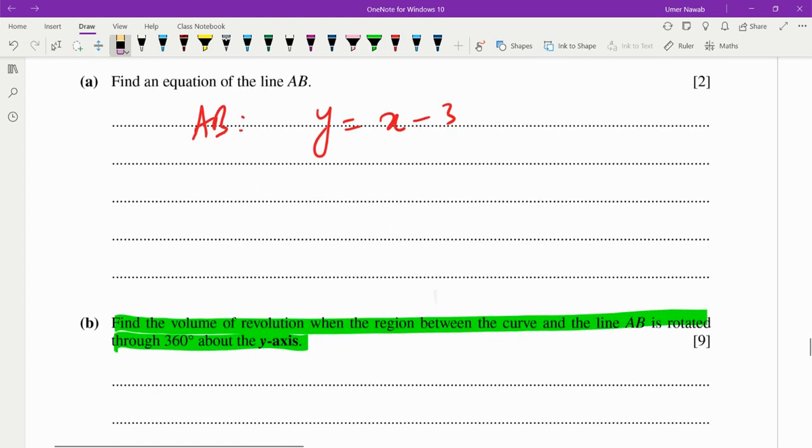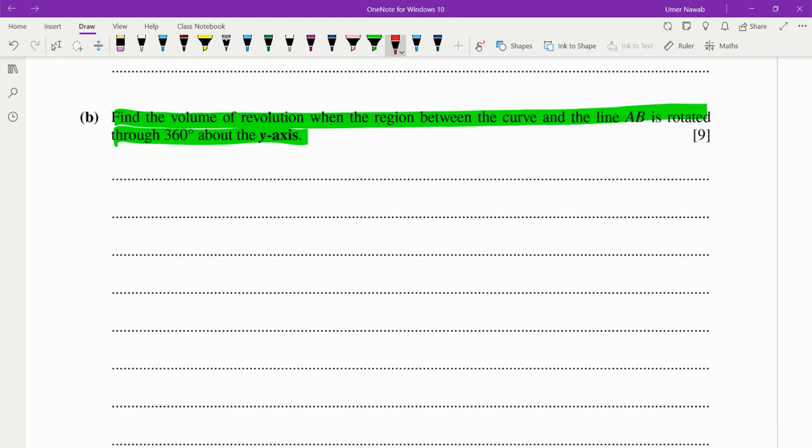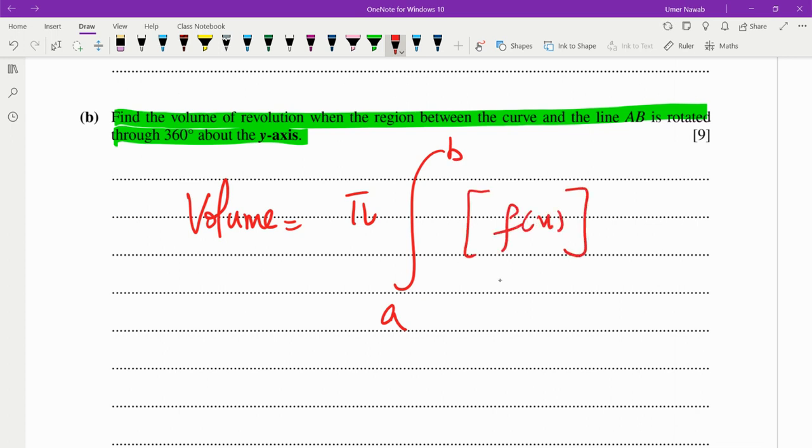And what is the formula for the volume? Guys, in calculus, for volume you have to write pi outside, the limits are very important, and then whatever the function is, you write it under the square, and then you solve the question. Whatever the function is, don't forget the square on top.